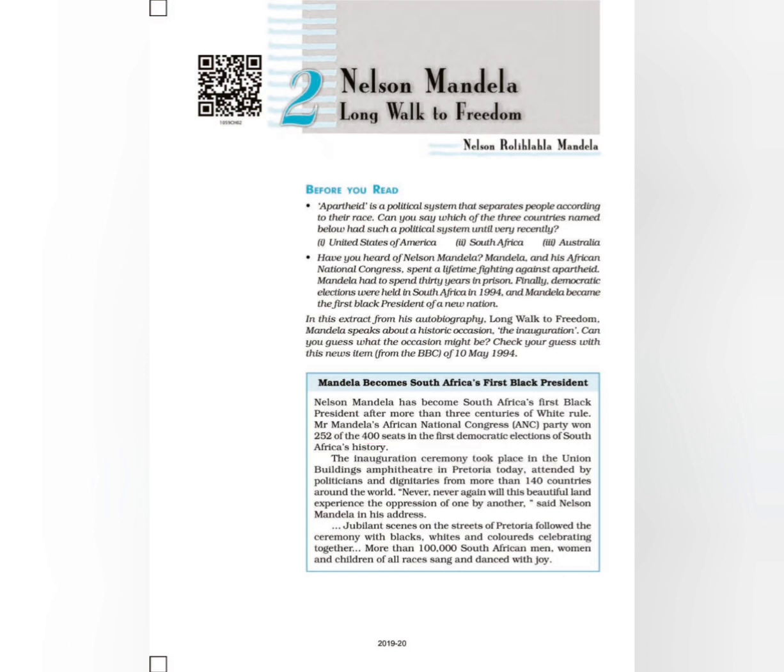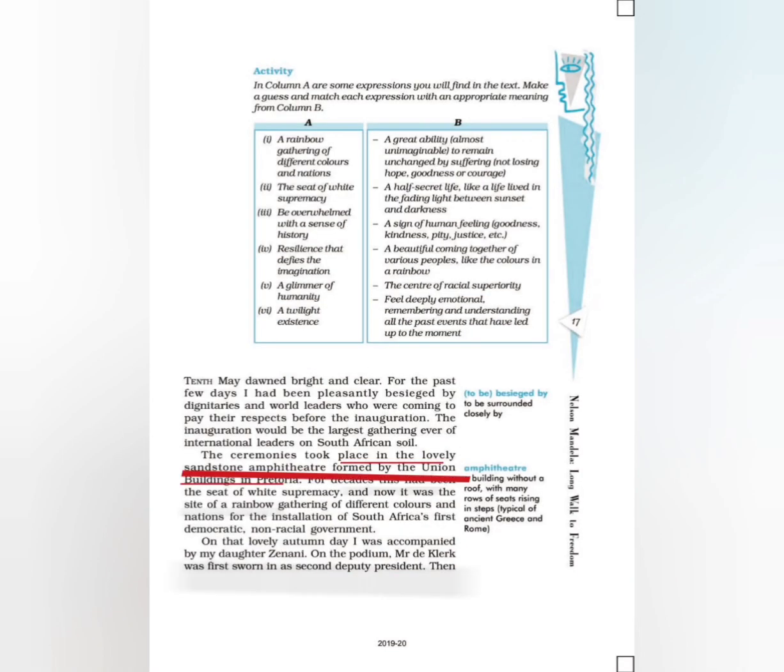And when Nelson Mandela was inaugurated, how many countries represented the democratic government and took part in the function? It is 140 countries. And in which place did the ceremony take place? It is the lovely sandstone amphitheater formed by Union Buildings in Pretoria. When was the speech given? 10th May 1994.